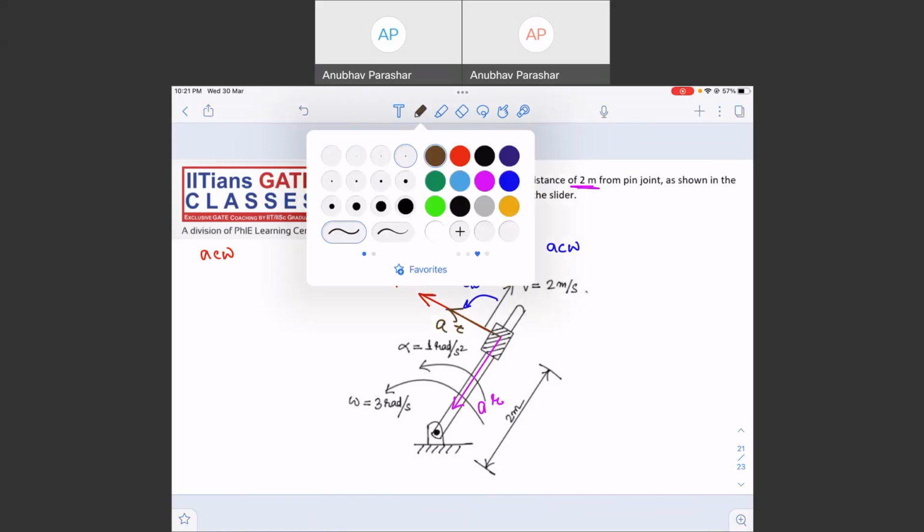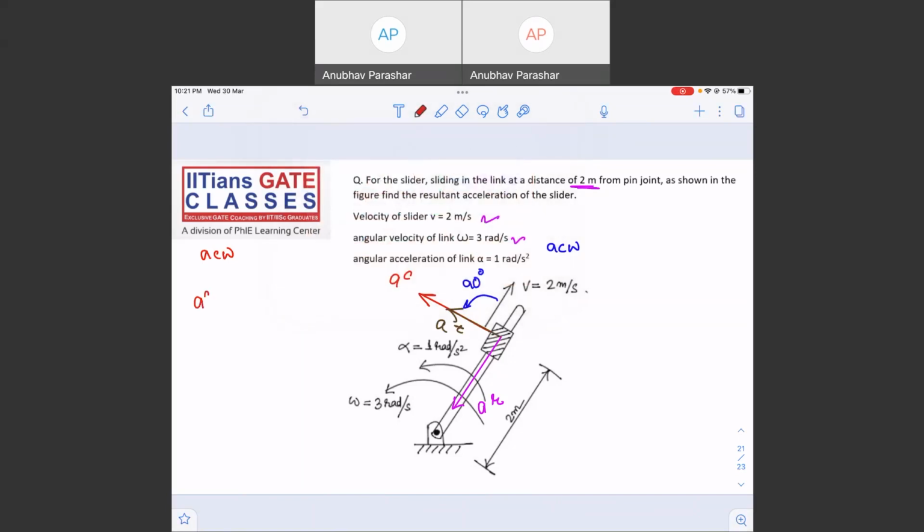So what is the value of AC? Now let us calculate the value of AC here. Coriolis acceleration is 2 into V into omega. So 2 into V is 2, omega is 3, so this is 2 into 6, which is 12 meter per second square. What is the magnitude of tangential acceleration AT? Tangential acceleration can be given by alpha into r.